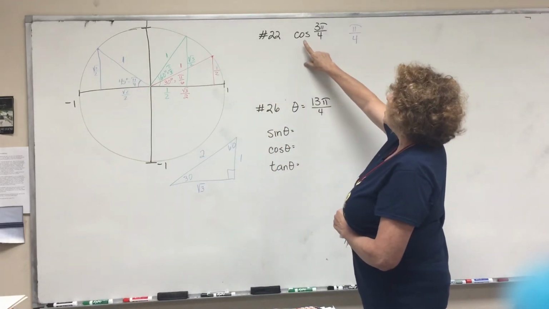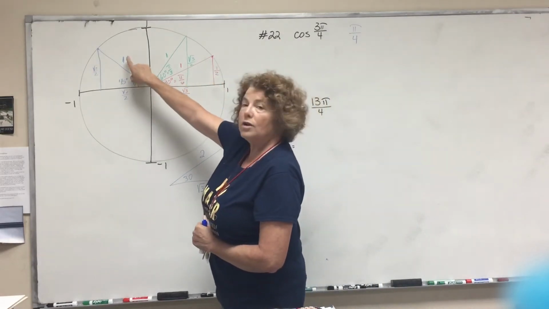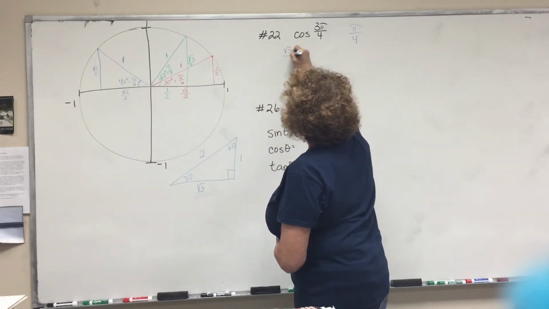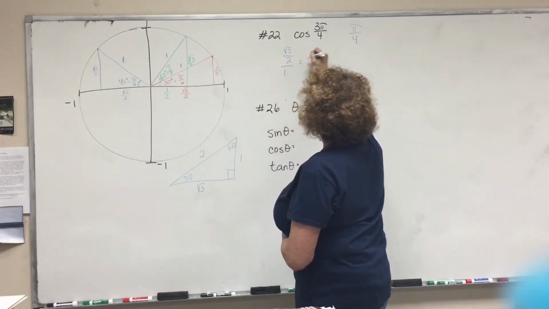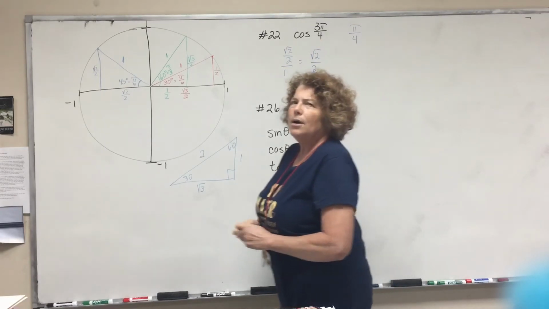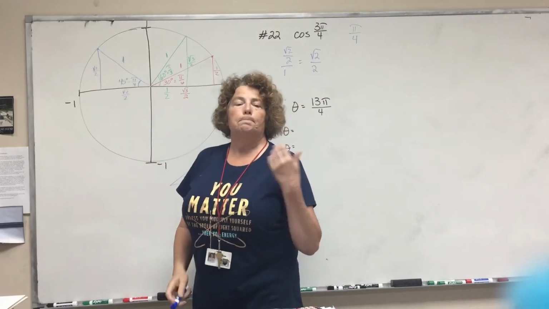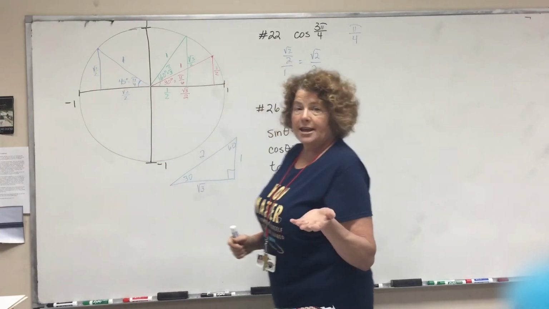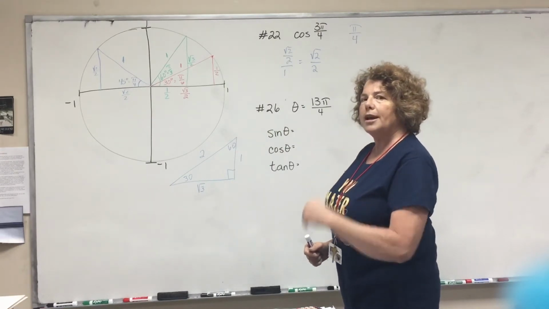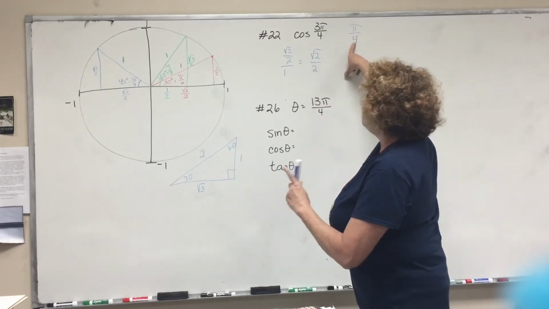So our cosine would be adjacent over hypotenuse. In other words, it would be root of 2 over 2 over 1, or just plain old root of 2 over 2. Now, root of 2 over 2 is just the rationalized version of 1 over square root of 2. So that's where we're getting root of 2 over 2. So that would be the cosine of pi over 4.